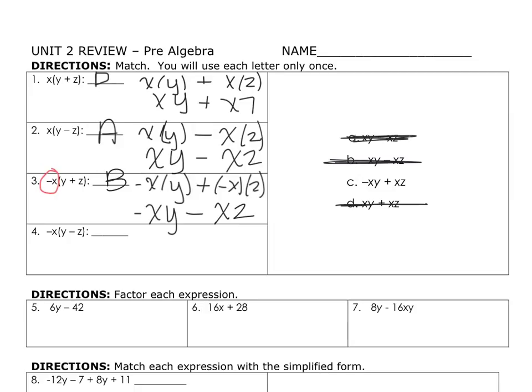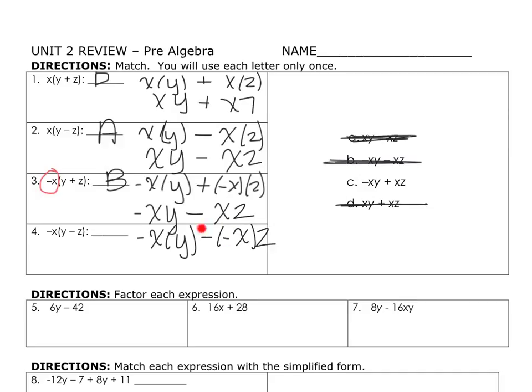Clearly, that means that number 4 is supposed to be C, but you need to show the work just in case you made an accident earlier in some of your work. Negative x gets distributed times y. You have a negative sign here, so you need to write it over here. Still distributing that negative x times z.